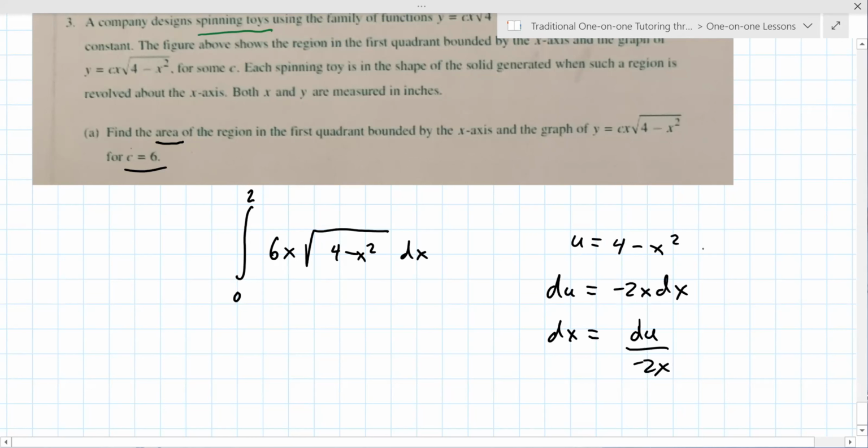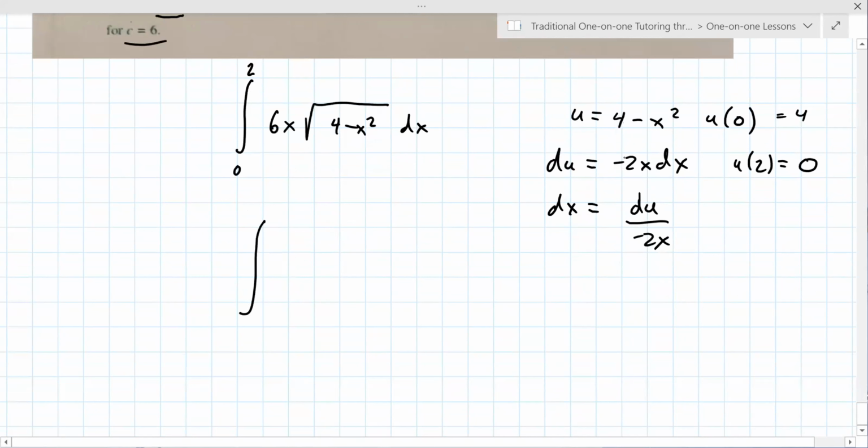And I would change the limits of integration here. I would put 0 into this, which gives 4, and 2 in, which gives 0, since 4 minus 2 squared is 0. Because if you're going to go to the trouble of changing from x to u, you might as well do it with the new limits. Unfortunately, it's a little odd because it is 4 to 0 now, even though you're used to seeing 0 on the bottom.